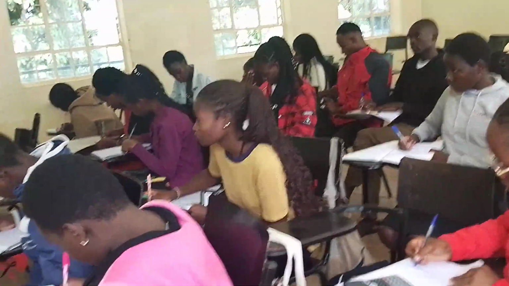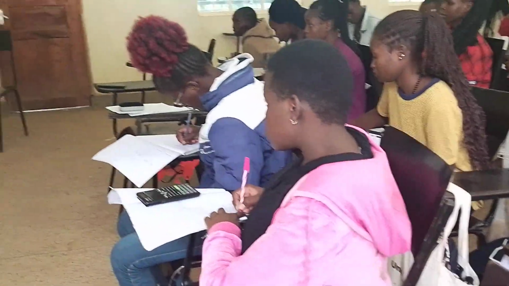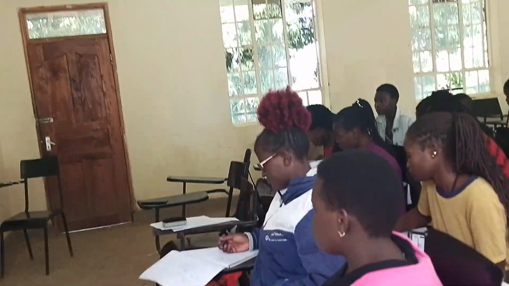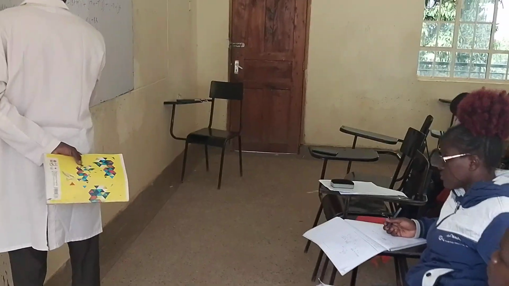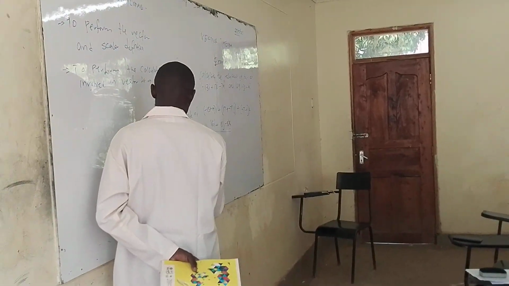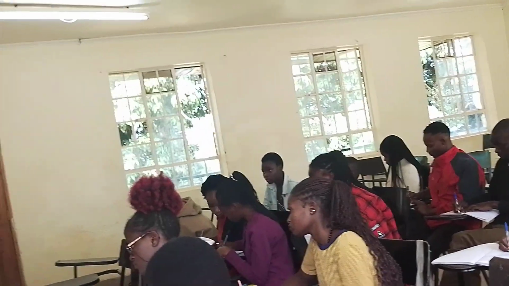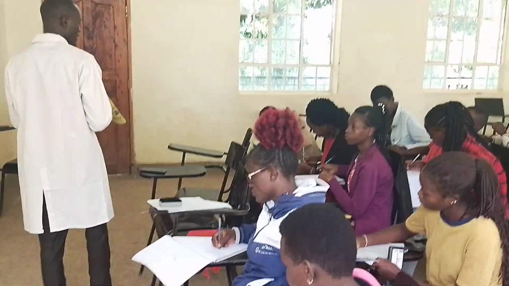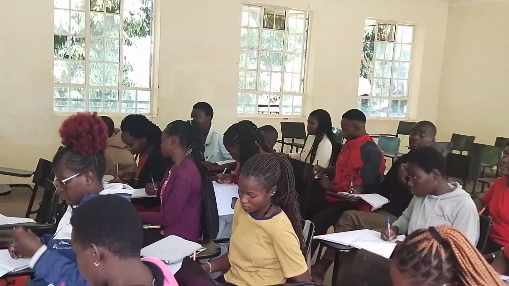The first one, A, is negative 11i plus 3j plus 1k. Then B is negative i minus 17j plus 7k. That is our assignment, so ensure you work it out and we'll mark it in our next class. Is that correct? Yes.